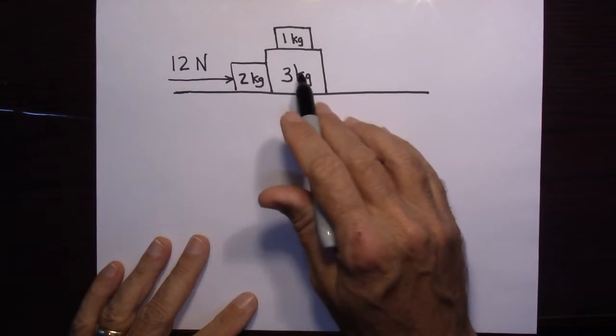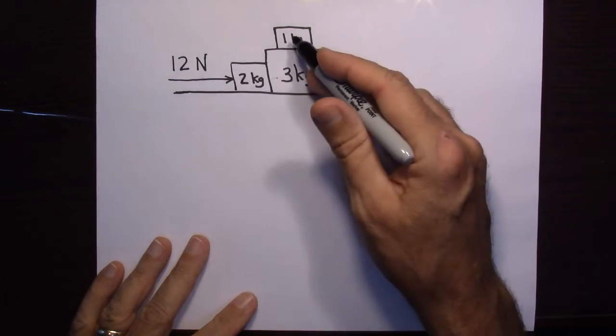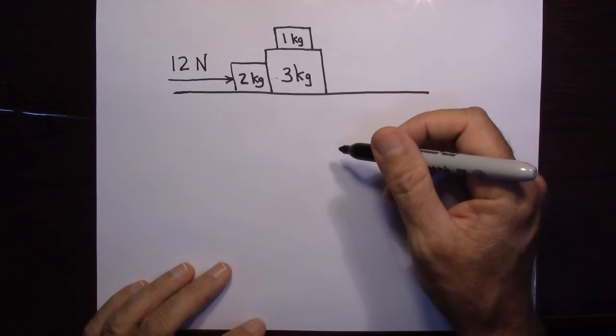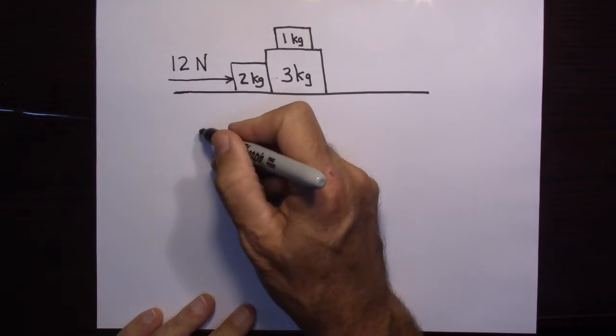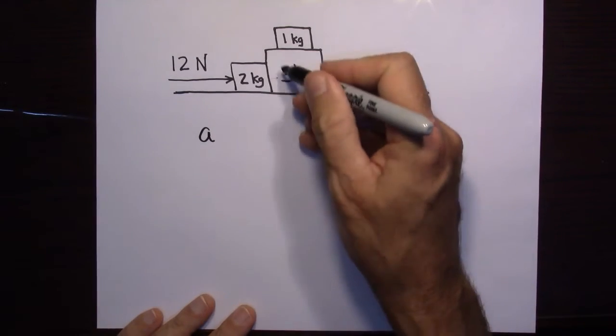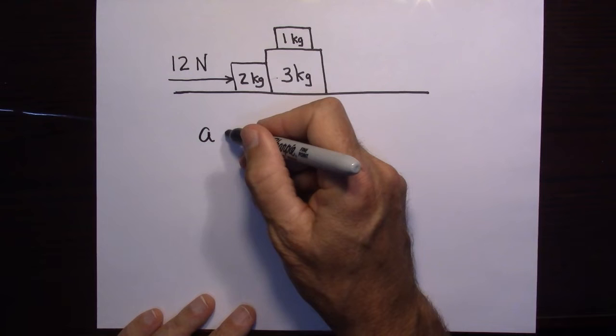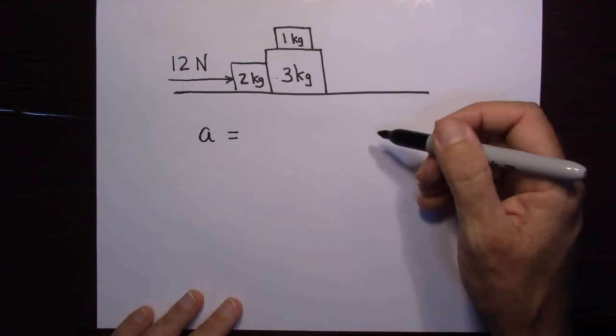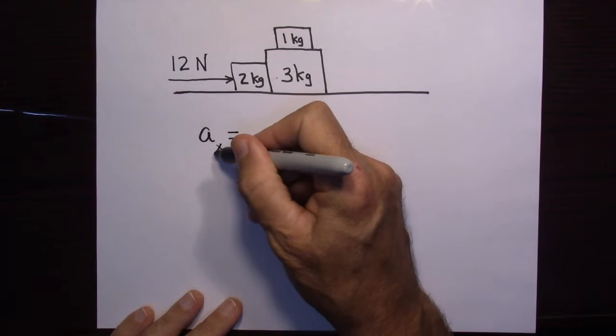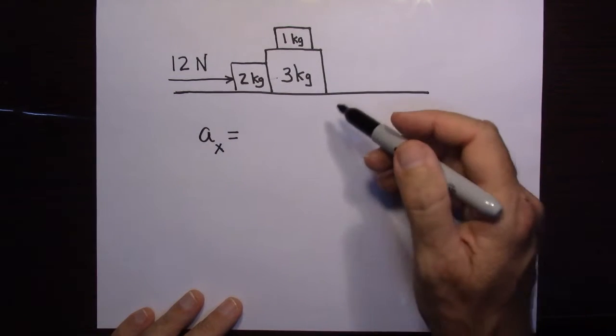So the forces between these two cancel, and between these two cancel. If our system is all three of these together, then the acceleration in the x direction is going to be the net force in the x direction.